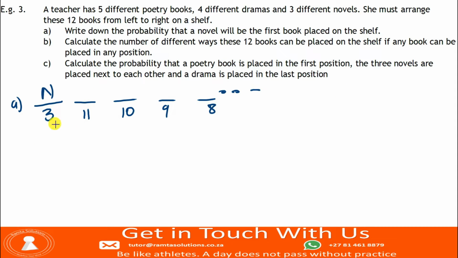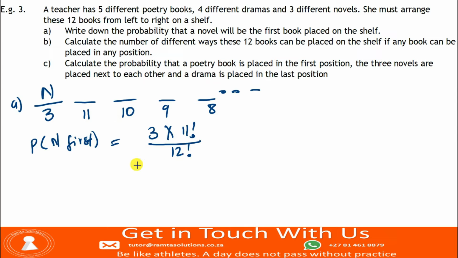So the question is saying, determine the probability that a novel will be the first book placed on the shelf. So the probability that you will have a novel first will be 3 times 11 factorial, because it's 11, 10, 9, 8, till 1, over 12 factorial.